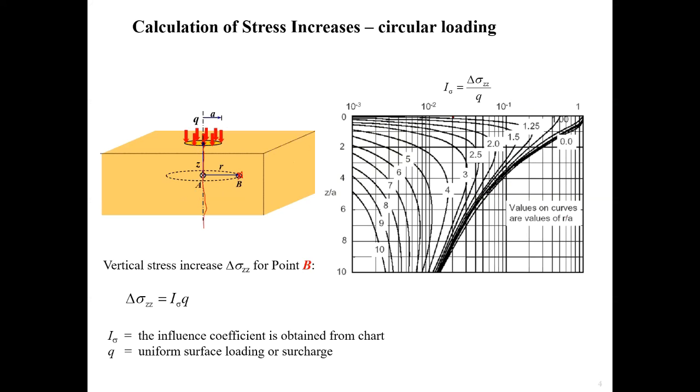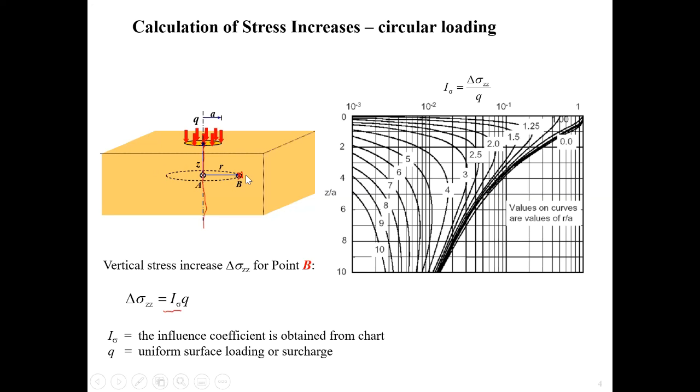Here we introduce one parameter called I sigma, the so-called influence coefficient. This influence coefficient times the surcharge Q gives you the stress increase at any point B that is not below the center line of the circular loading.